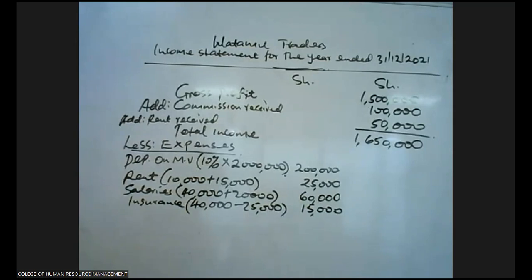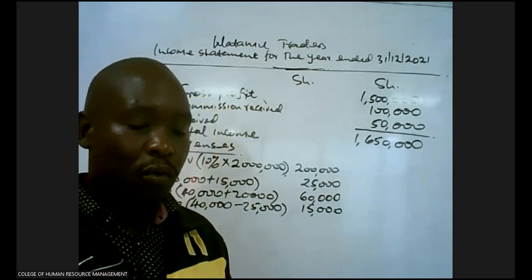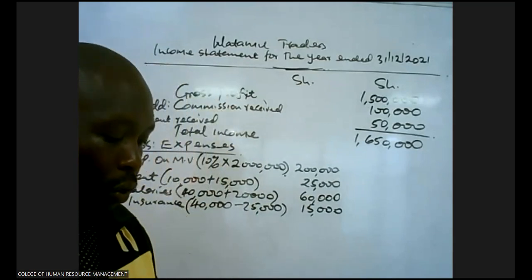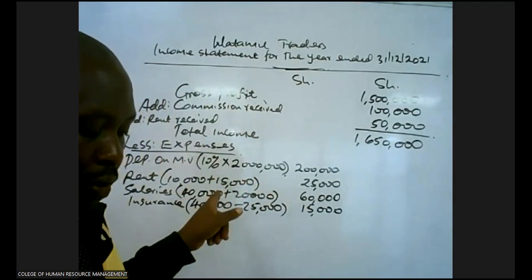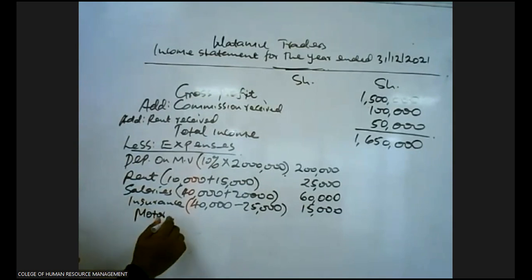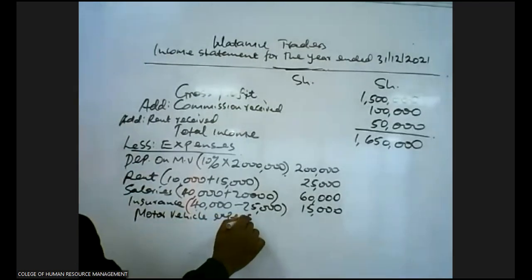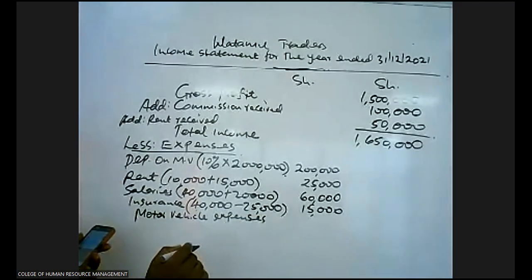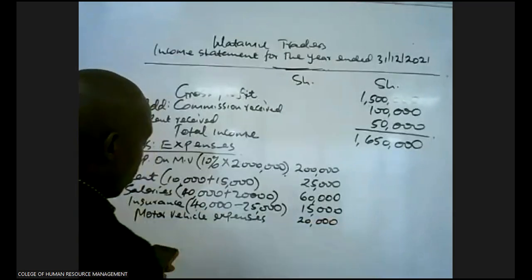Then, having adjusted, we find we have other expenses from the balances in the question that are not supposed to be adjusted. So commission received is there, rent received is there, rent has been captured, insurance is captured, and motor vehicle expenses is another expense. Motor vehicle expenses, 20,000.